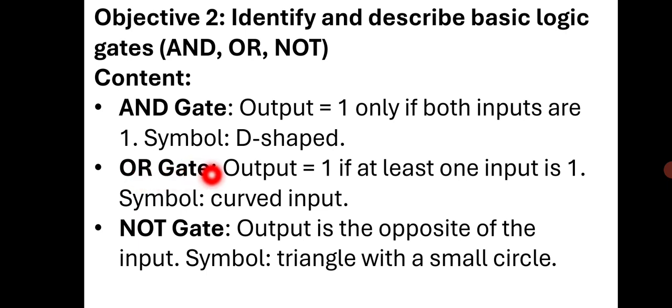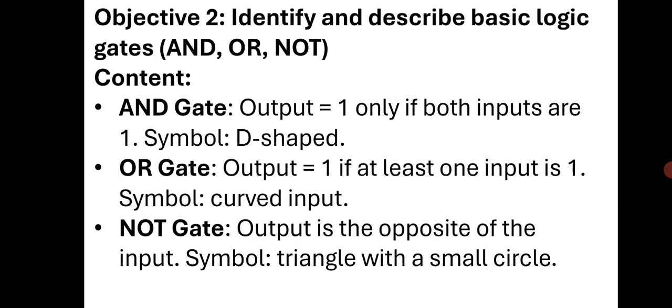An OR gate, on the other hand, is one in which the output is 1 or on if at least one input is 1 or on. This happens in a situation where you have a bulb connected to a source of power such as a battery, and you have two switches that are parallel to each other.